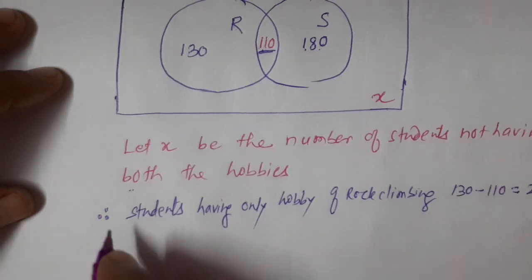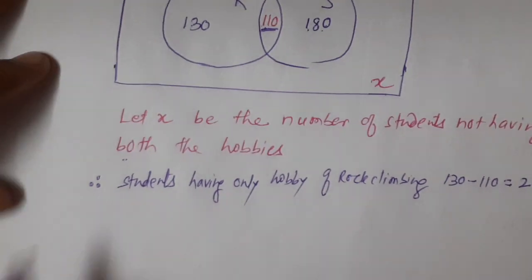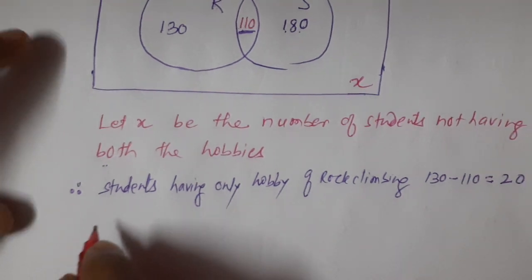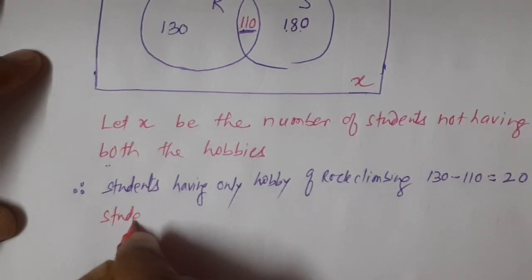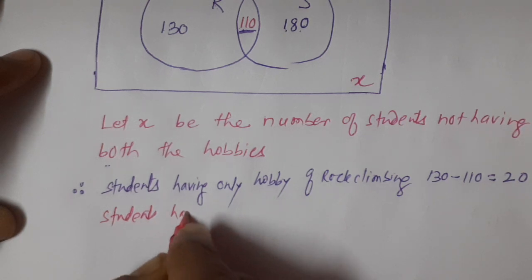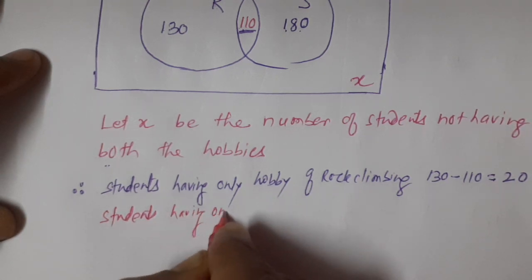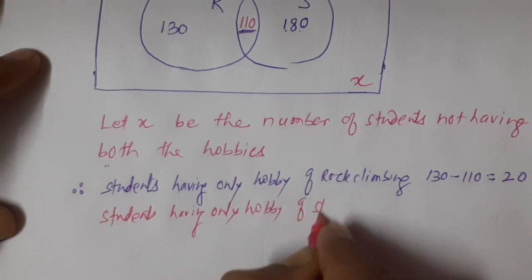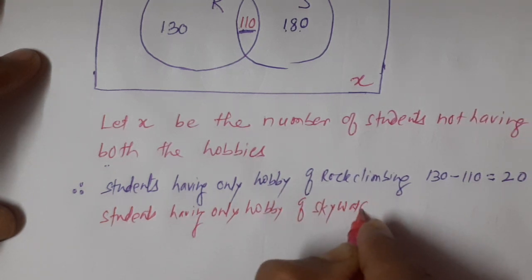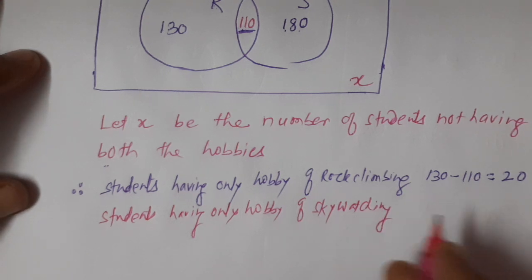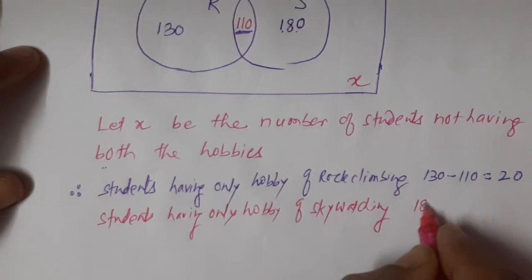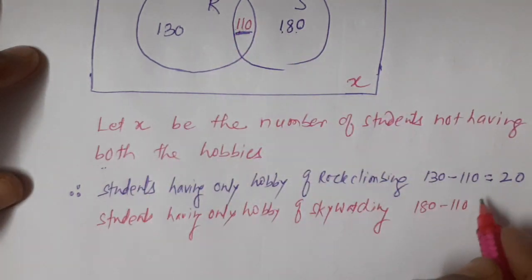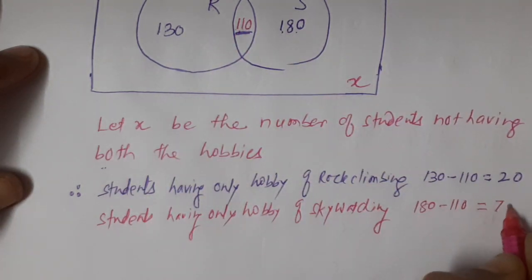Again, if I have to calculate the students having only the hobby of sky watching, it is calculated as 180 minus 110, which comes out to be 70.